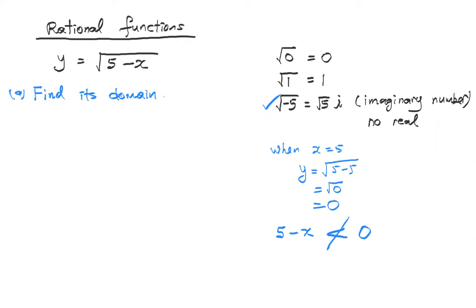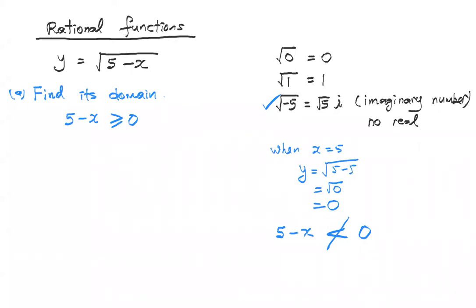Yes, you are right. So that means the expression in the square root must always be greater than or equal to 0. Am I right? So that is called a radical function.